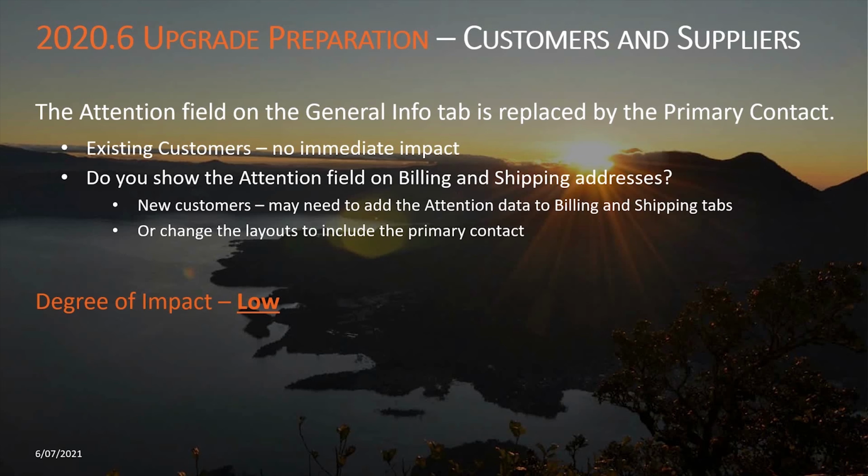Your invoices will still come out with attention such and such at this address as the billing, etc. Going forward, if you create a new customer, you may need to look at the attention field in relation to the billing and shipping tabs, or if you wanted to, you could change the layouts to include the primary contact. The degree of impact is relatively low though, in terms of going forward.